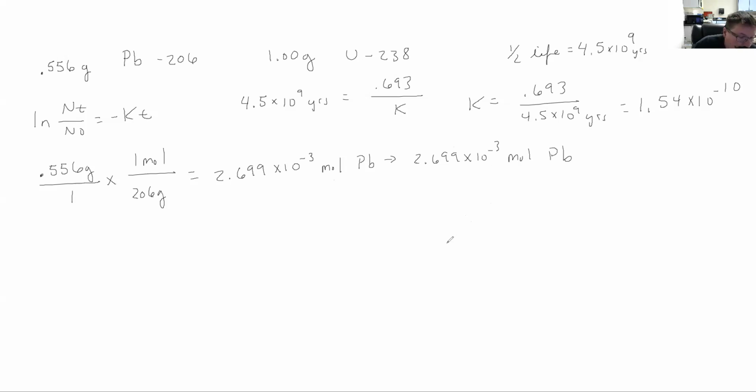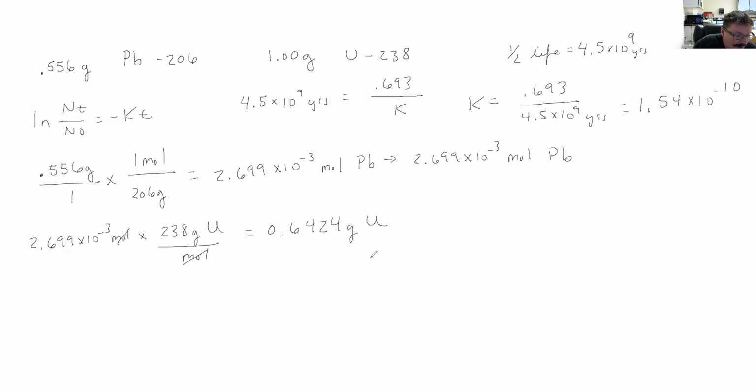So we can convert that back over and see how many grams of uranium-238 that is. We take that value again, but now doing this for the uranium, and we should get 0.6424 grams of uranium-238.